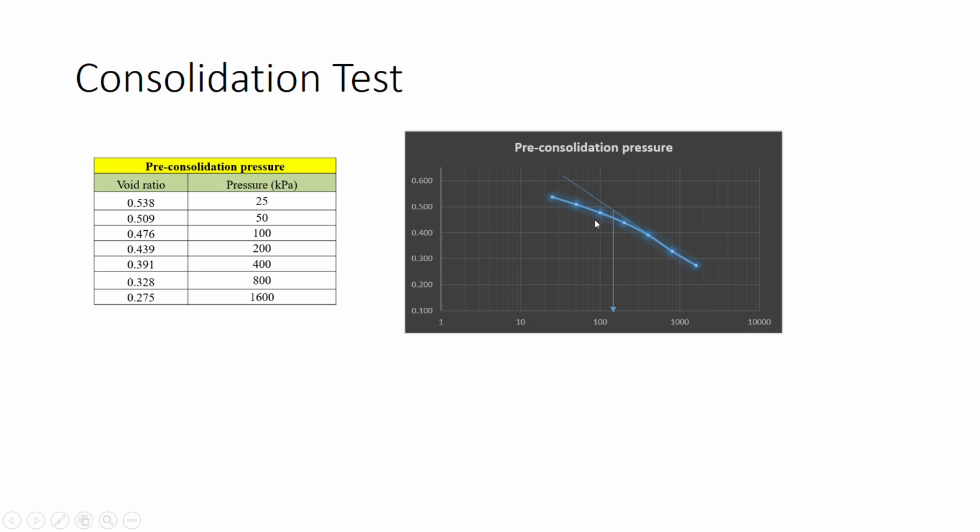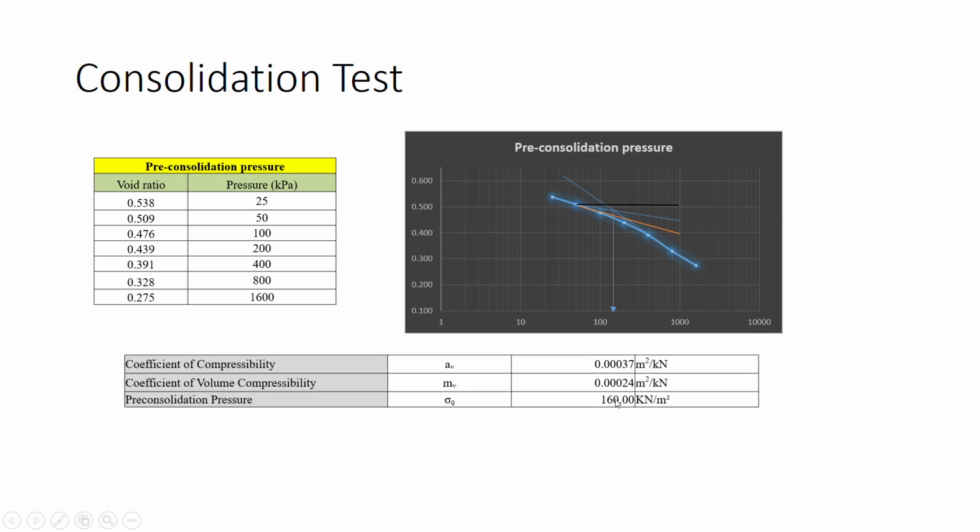You need to start from the curve starting point, draw a horizontal line, then draw a tangent to the curve, and then draw an angle bisector, and then extend the straight portion back. The point where the line touches the angle bisector, you extend it to the pressure x-axis, and this is basically the pre-consolidation pressure, which is around 160 kPa.